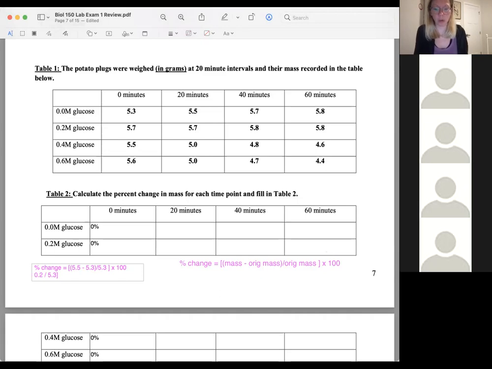So we end up with 0.2 divided by 5.3. 3.8. Yes, it's going to be 3.8%.